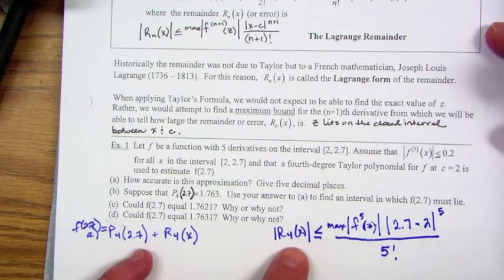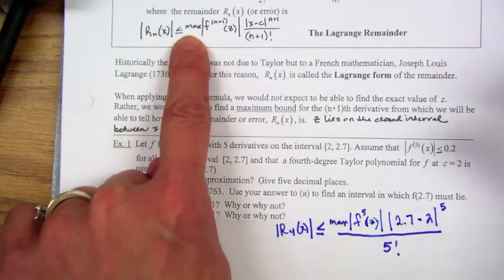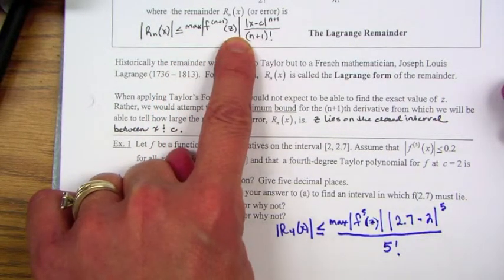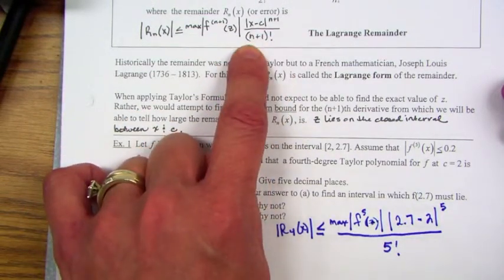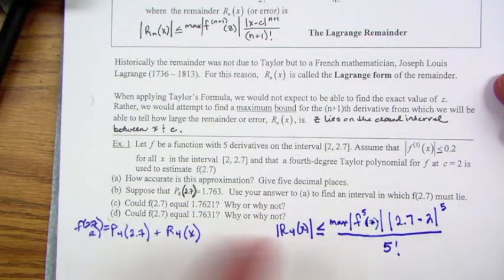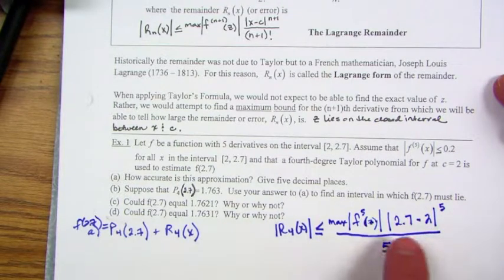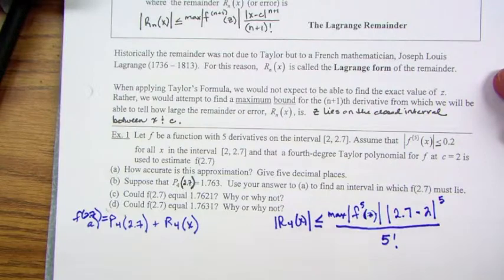The remainder associated with my 4th degree Taylor polynomial must be less than the max the 5th derivative at z can be times x minus c to the n plus 1 over n plus 1 factorial. Well, if I was dealing with the remainder of the 4th, then n plus 1 is the 5th. And remember, x is the value that you're interested in. C is the center.